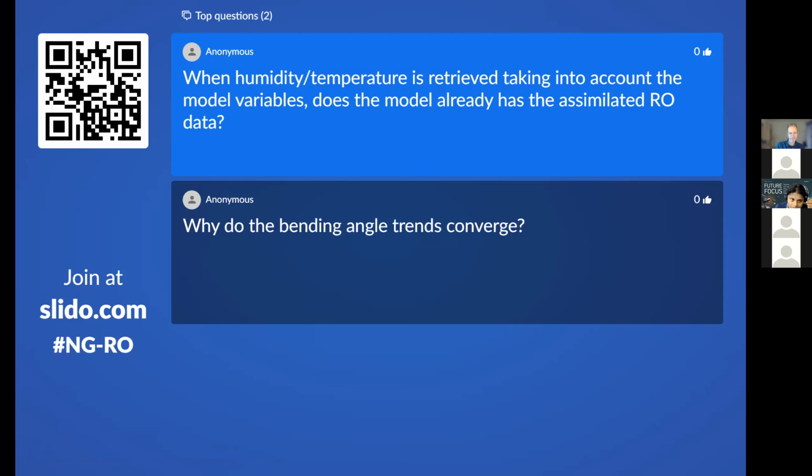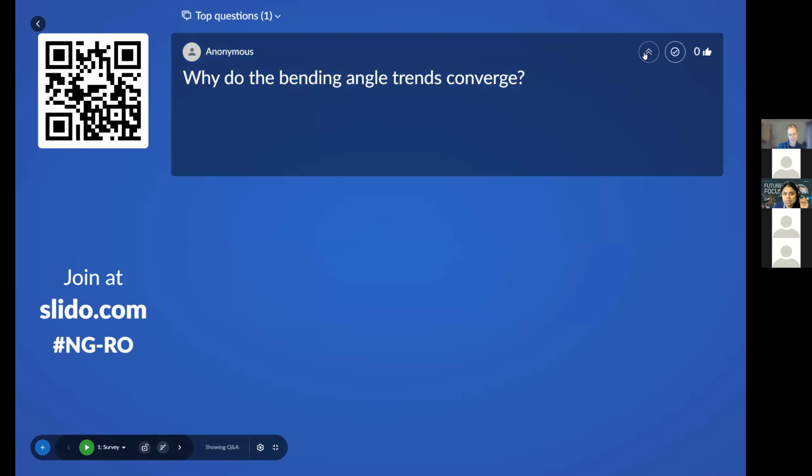Other RO data have been used, but not that particular set of model data. So we try to avoid these circularities as well as we can by using these forecasts rather than just analysis fields. Yeah, nice explanation, Hans. Thank you. Go to the next one.